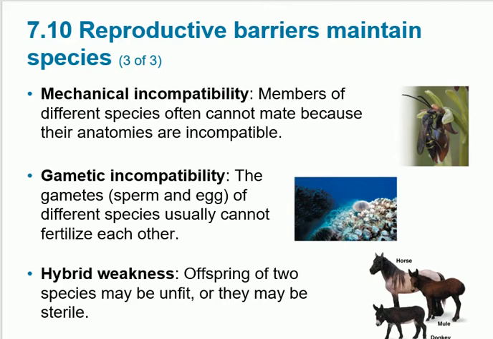The next one is hybrid weakness. This is what I just mentioned. Hybrid is something like liger and mule. This is called hybrid, right? You get a hybrid of two species. Are we all following so far? So hybrid is something like mule.